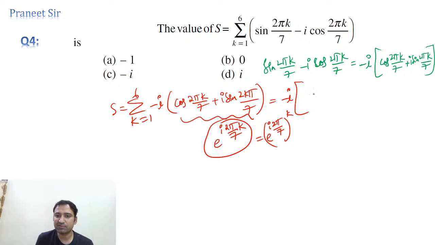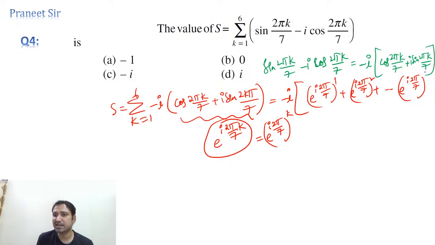So what we get is e power i 2 pi by 7 whole power 1 plus e power i 2 pi by 7 whole square plus so on up to e power i 2 pi by 7 whole power 6.